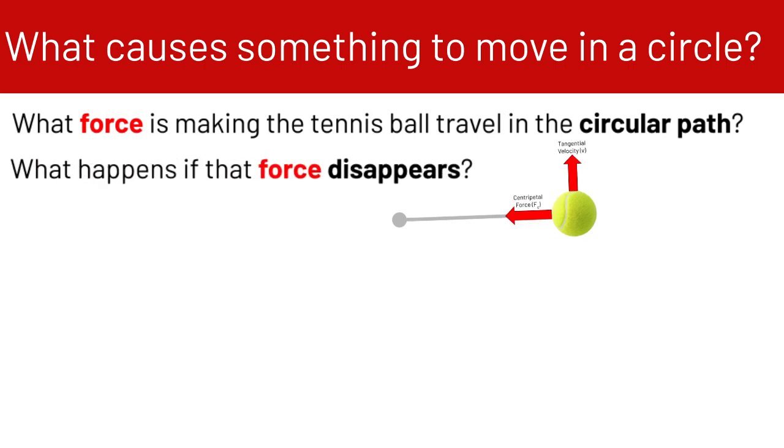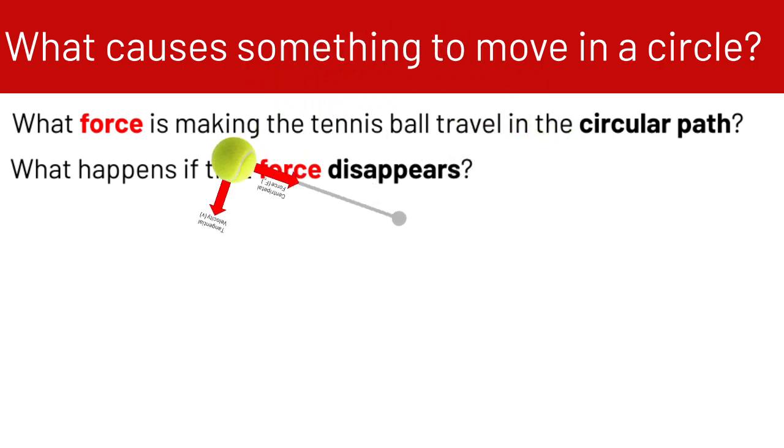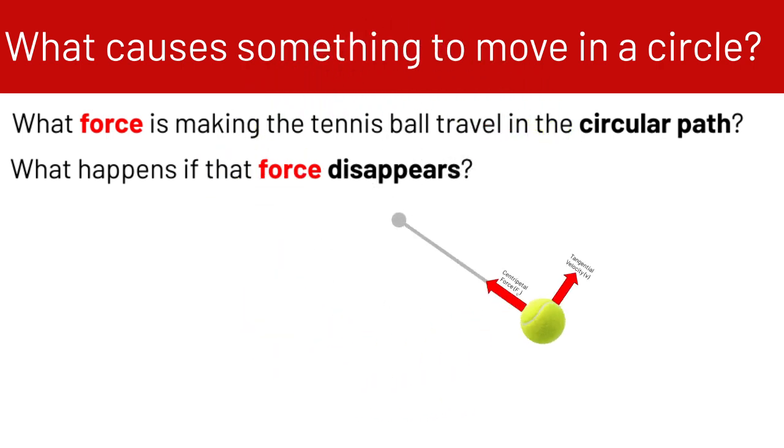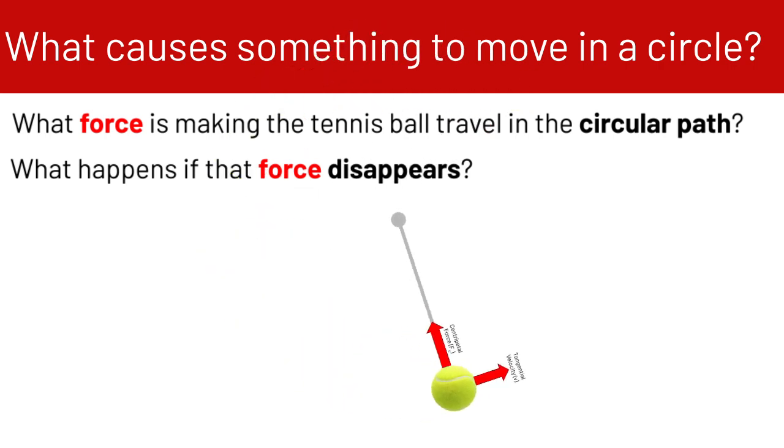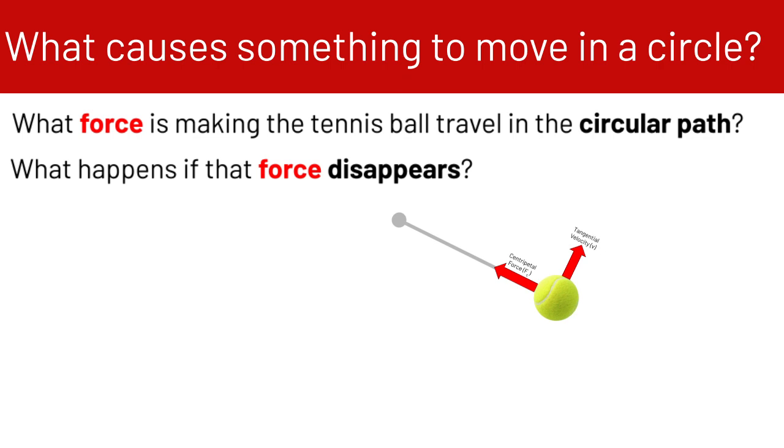So what happens if that force disappears? If the centripetal force disappears, what happens to the tennis ball? Where's it going to go? Well, to figure that out, we have to look at the tangential velocity. If the string were to disappear at this point right here, the string disappears, the centripetal force goes away, and the tennis ball flies off in the direction of the tangential velocity.